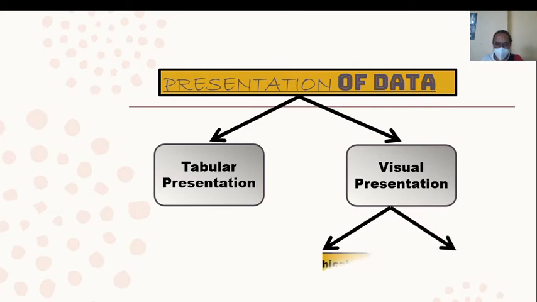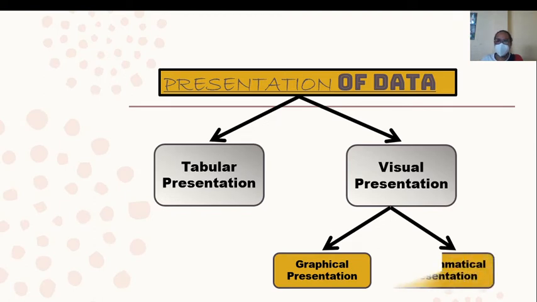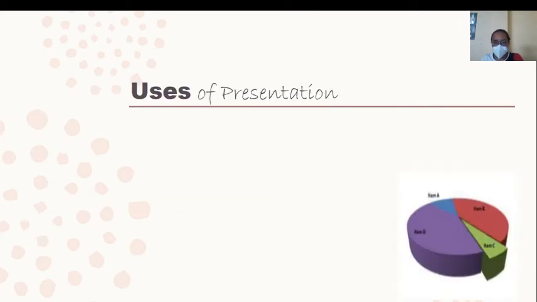Ito yung tinatawag na graphical presentation and diagrammatical presentation. Presentation of data, nakakatipay sa dalawa, si tabular and visual presentation. Under ng visual, may types din siya daw, na graphical and diagrammatical presentation.